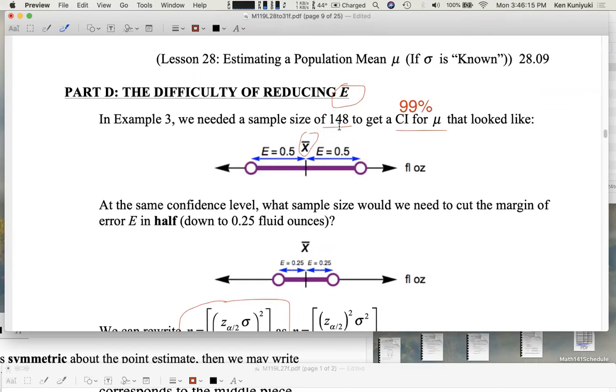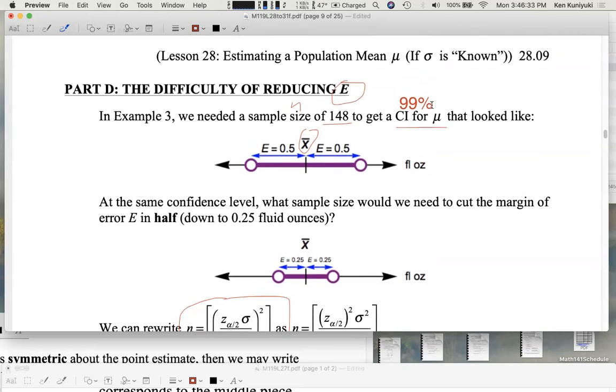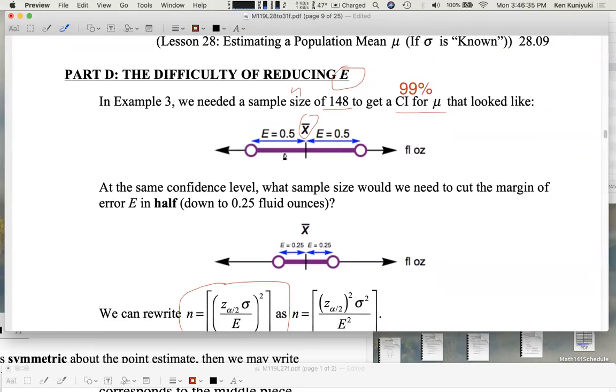Now remember, in the previous example, we were looking for a margin of error of half a fluid ounce. So in order to get this kind of confidence interval, we needed to sample about 148 cartons of ice cream. Our sample size, little n, required, had to be at least 148. If it's bigger than 148, then you'll shrink the margin of error even more.